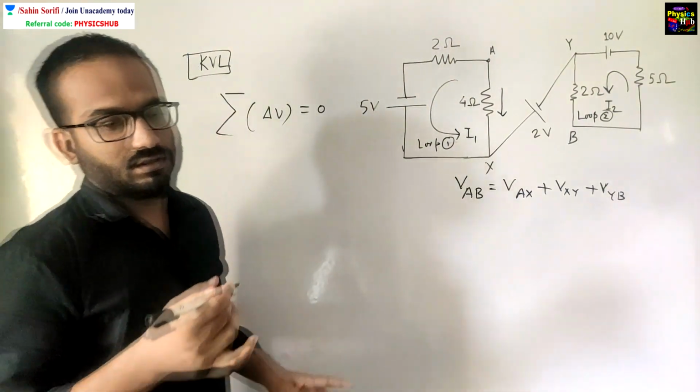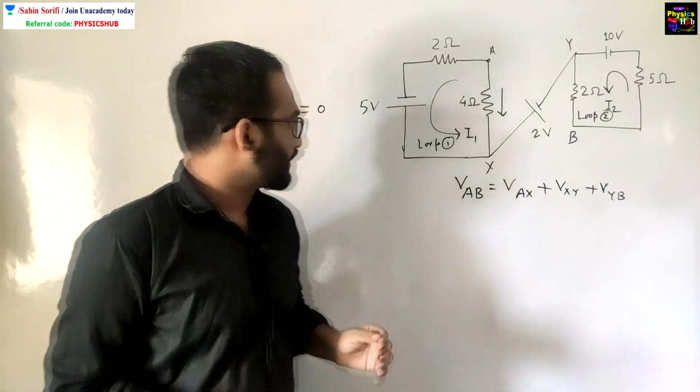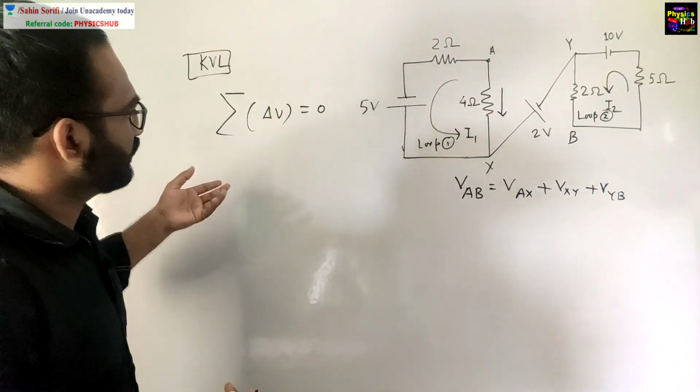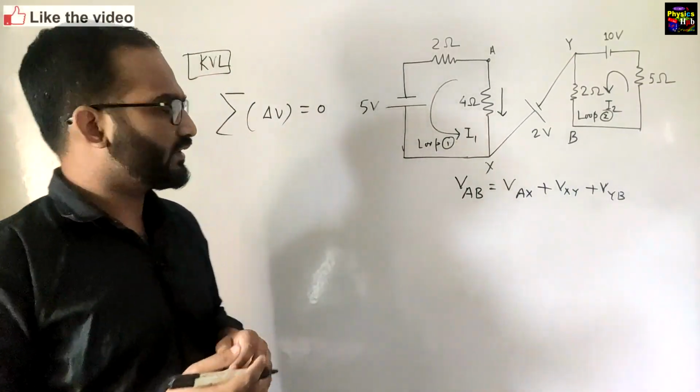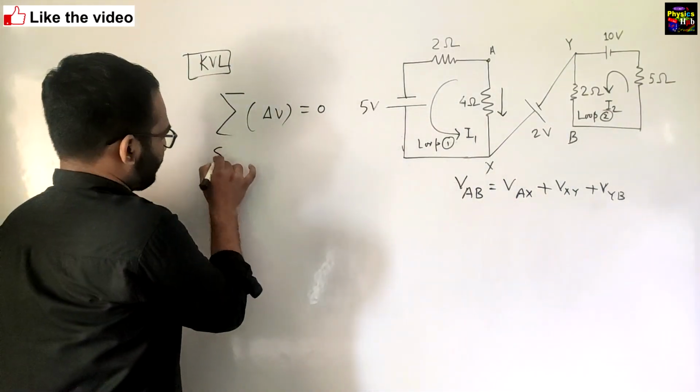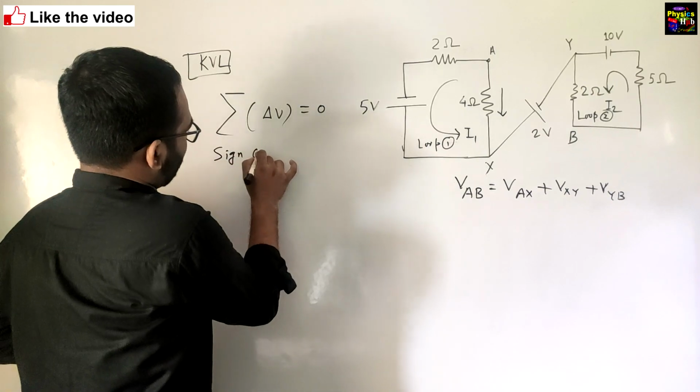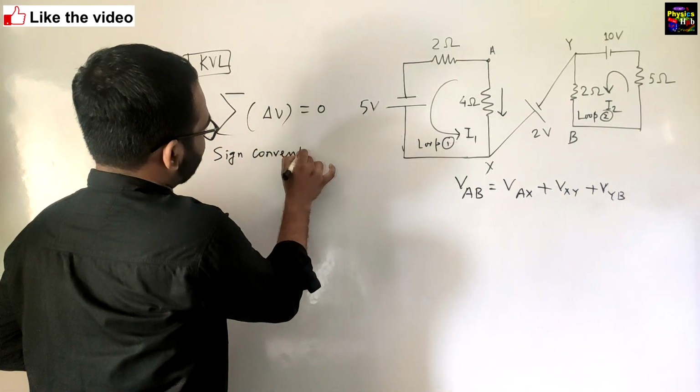Now there are some sign conventions regarding this KVL, like whether the drop will be positive or negative. Let me tell you the sign conventions. We will be discussing four things.